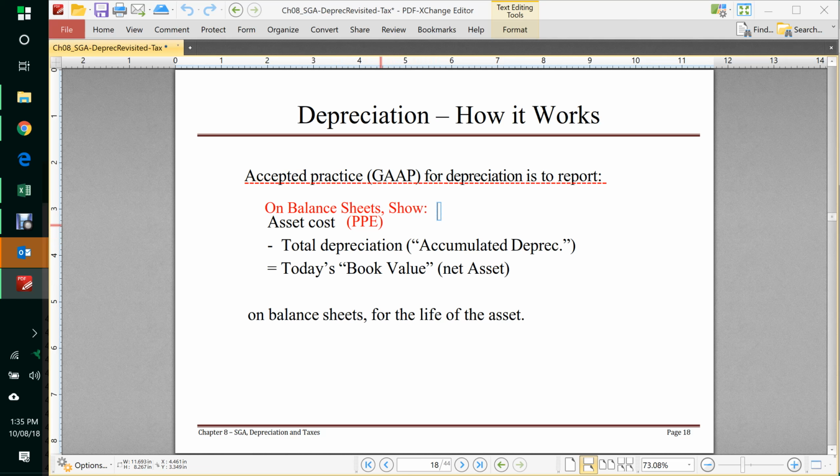So notice how we're showing here, first of all, PPE, not net PPE. We're showing the total amount that we paid for these buildings, these trucks, whatever it is, minus the total amount of wear. This is cumulative, and that's why it's called accumulated depreciation. So all the wear we've ever recorded on this PPE, we subtract that and we get today's book value, or exactly what we've been calling previously net asset or net PPE.